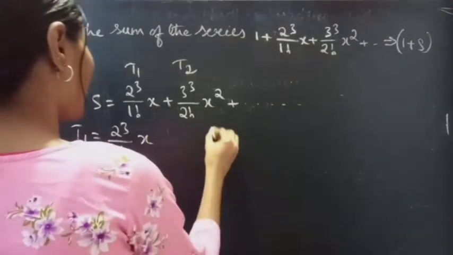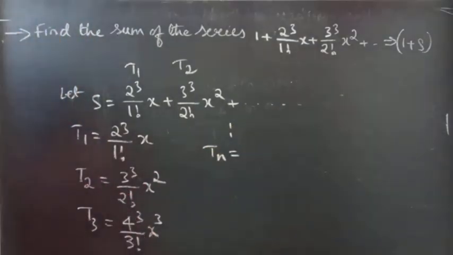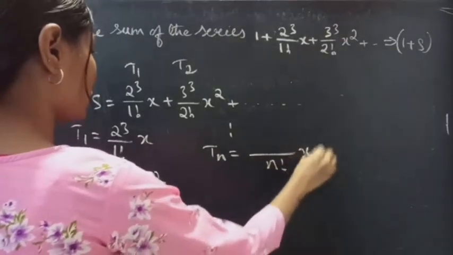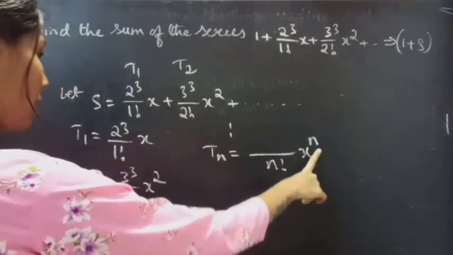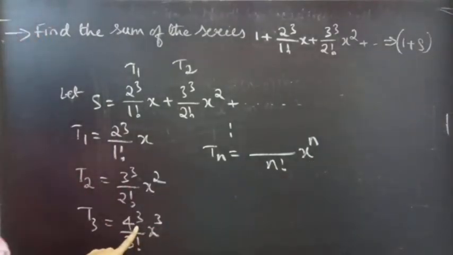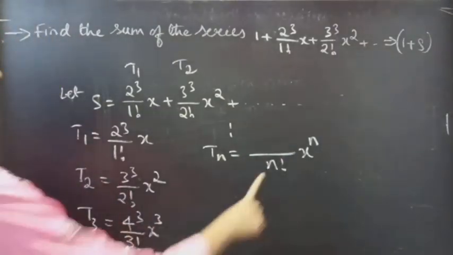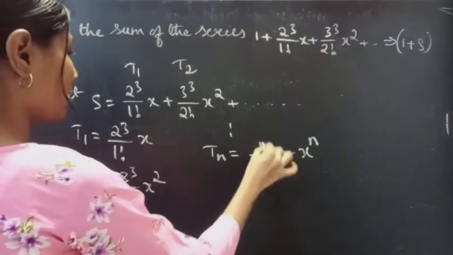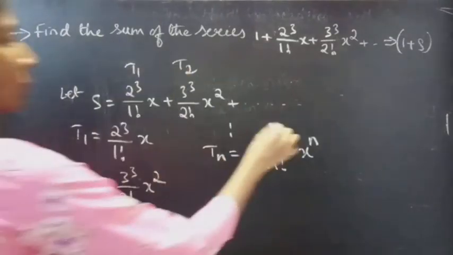Likewise, for n, the nth term will be, let's consider 3 as n, then you'll get n factorial in the denominator and x power n, and in the numerator, if n equals 3, you'll get 4, that is n plus 1 whole cube.